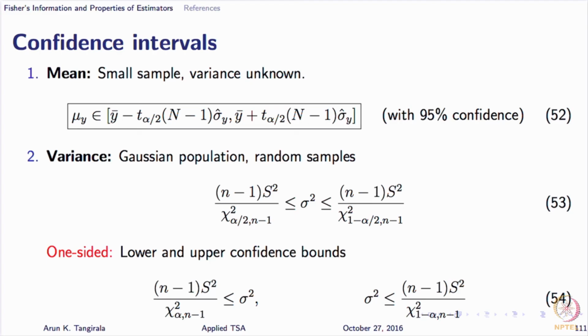We are assuming that we are using an unbiased estimator of the variance. Of course, as n grows very large, it does not matter whether you are using an unbiased or biased estimator. Whereas in 54 we give what are known as one sided confidence regions, and those are useful in conducting hypothesis tests which are called one sided, or lower tailed or upper tailed hypothesis tests.